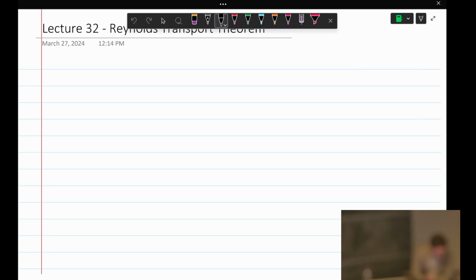Okay. So the laws of physics are usually written from a Lagrangian perspective.